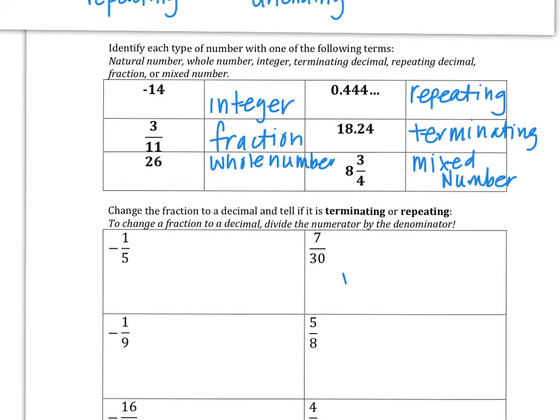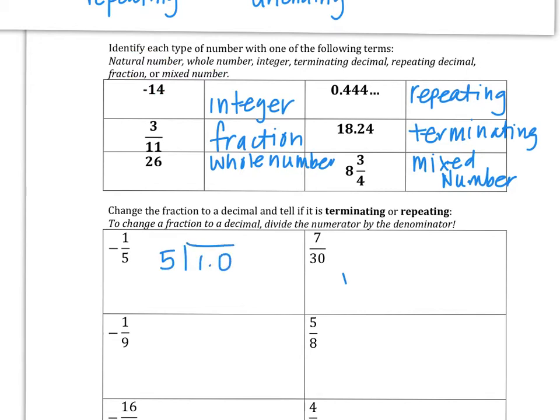Changing the fraction to a decimal and tell if it is terminating or repeating. To change a fraction to a decimal, divide the numerator by the denominator. And we have to also remember to take the sign with us. So we have -1/5. We want to turn that into a decimal, so we need to divide it out. So it is 1.0 divided by 5.